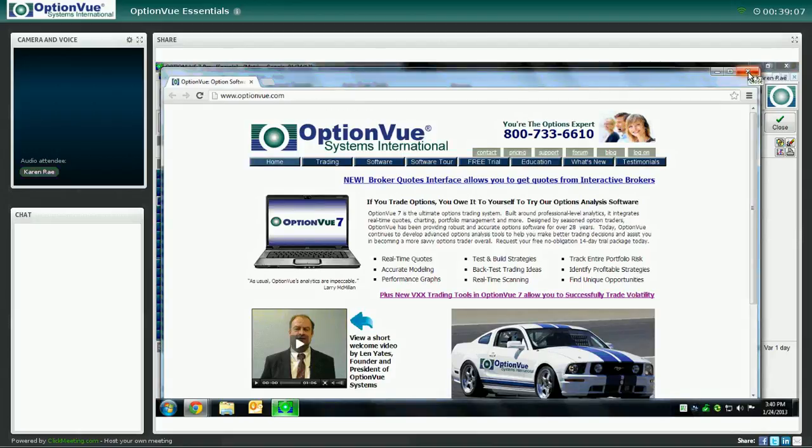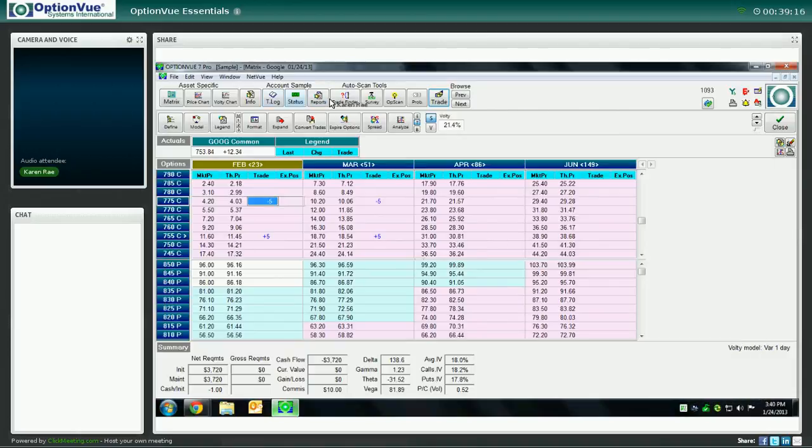But if I had an account open with Options Express, I could actually hit that trade button here, and it would take me into the Options Express or the Track Data platform. Then I would hit Convert Trades to make the same trade go into OptionVue's record keeper.